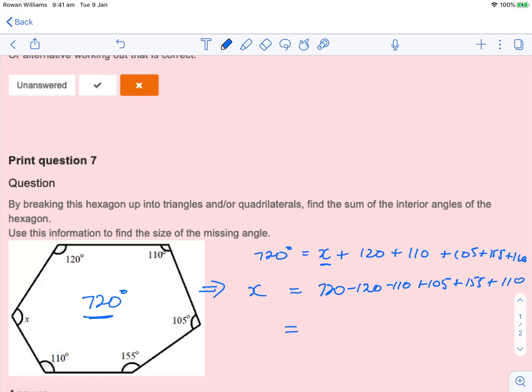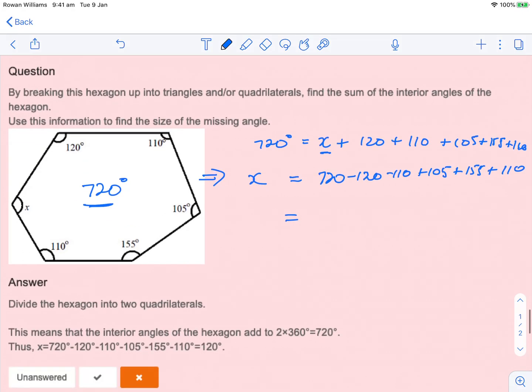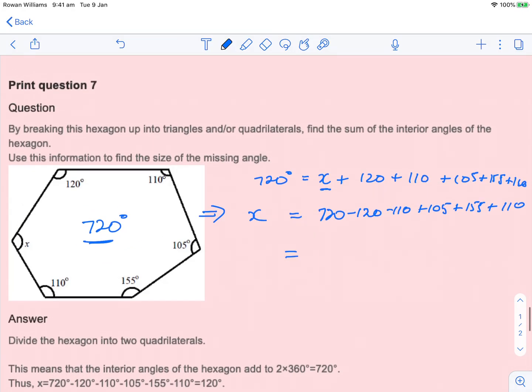Now I can set that up and work out how much it's going to take off, or I'll cheat and just go down to here. And they worked out that when they took all this away, they went 720, take all this stuff, you get to 120 degrees. Cool. Hope that helps.